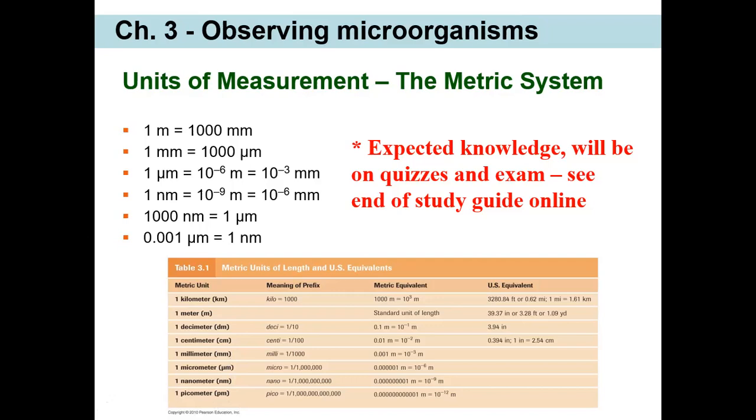And of course, you should know the micrometer, because that's the size of the units that we measure under the light microscope. And then a ruler, do I have a ruler here someplace? The smallest unit of measurement on a ruler, assuming it has metric and English, which almost all rulers do, is a millimeter.